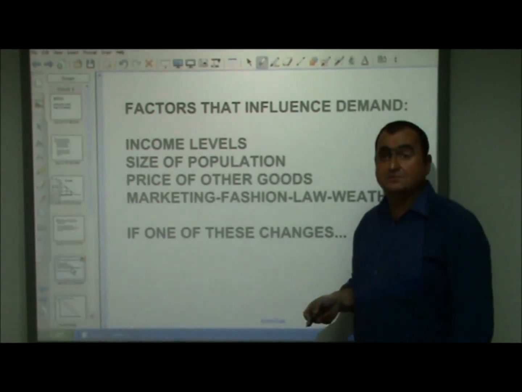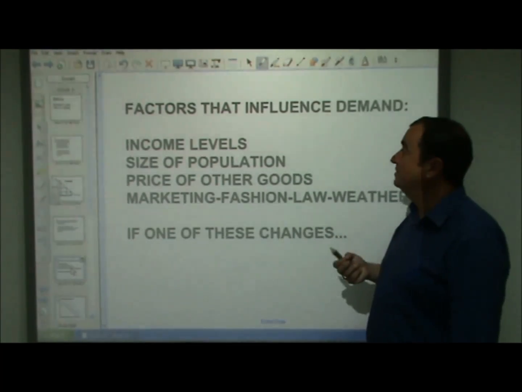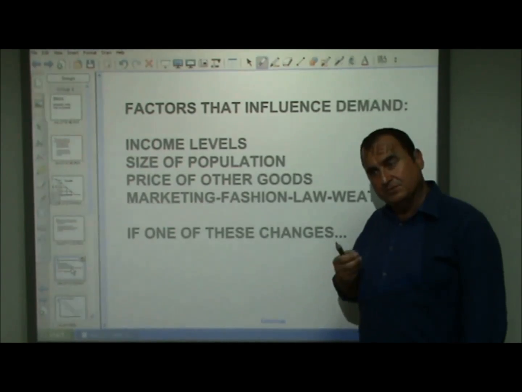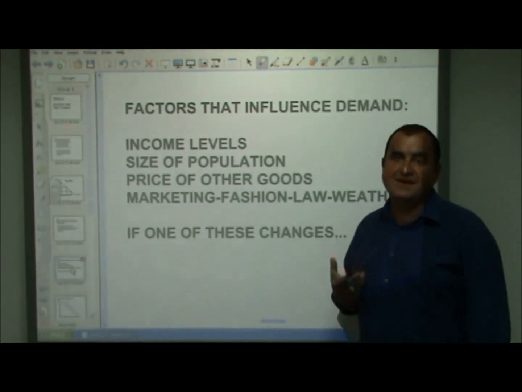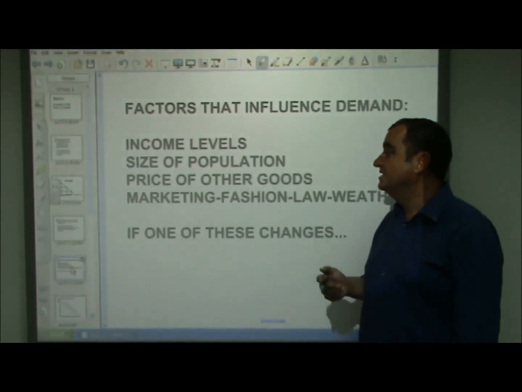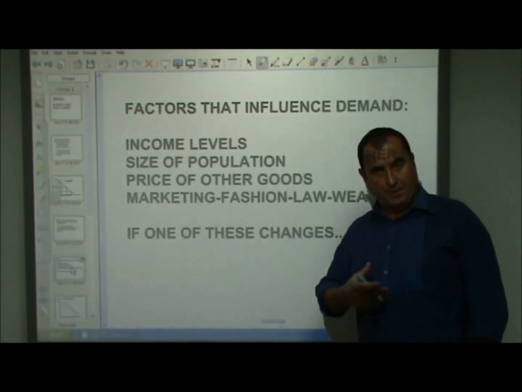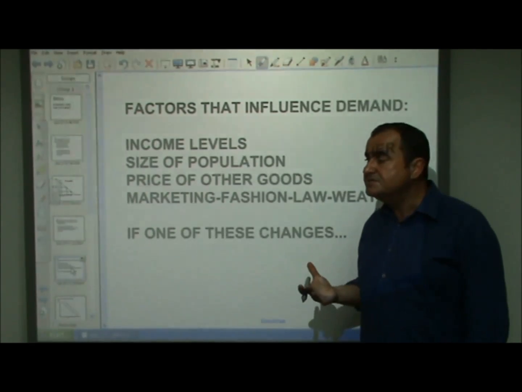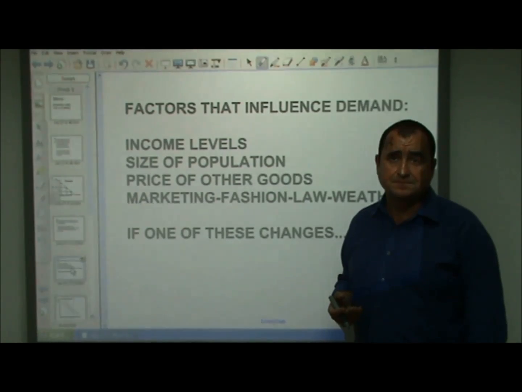So we have to remember that income levels are remaining constant as people decide, when price changes, do they still want to demand a good? But income levels can change, and that affects people's willingness and ability to demand goods. The size of the population that we're talking about, of course, if a population grows, then at any particular price, more of a good is likely to be demanded.